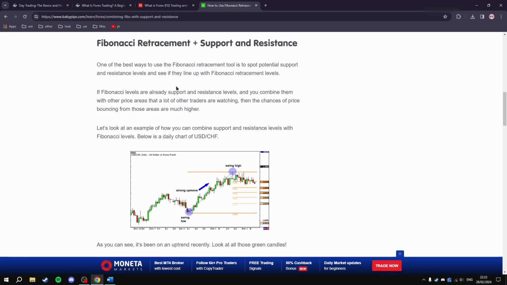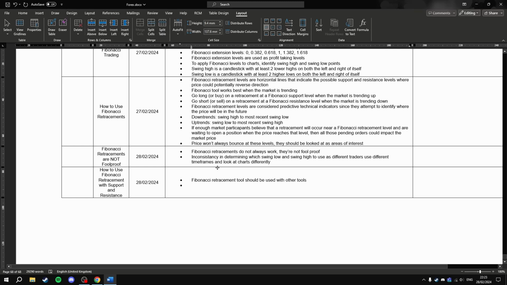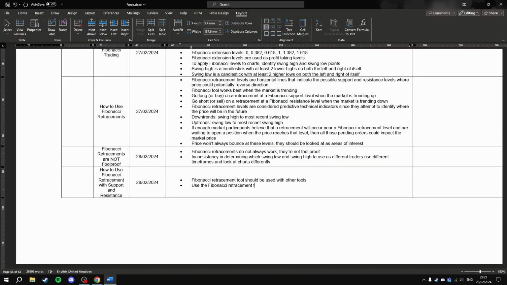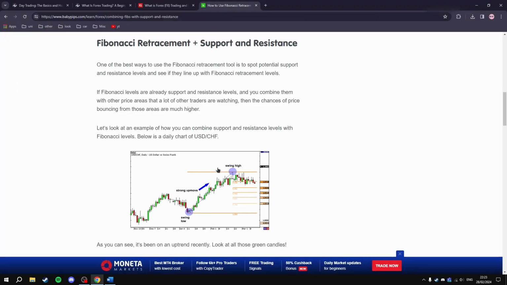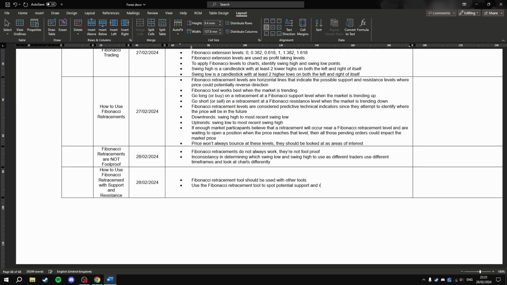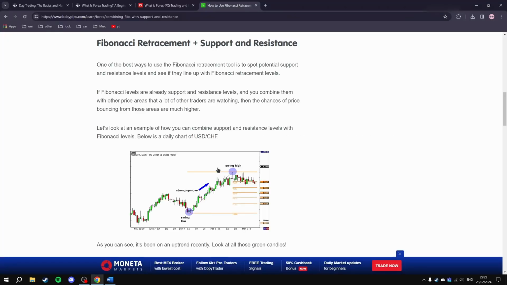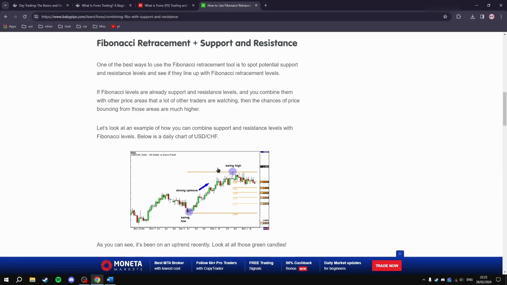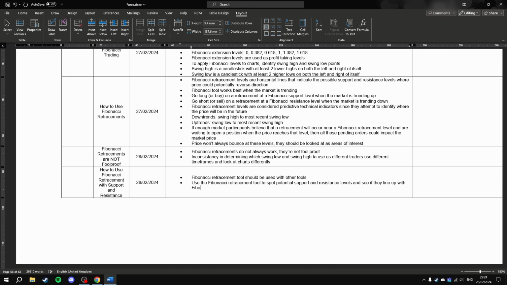So use the Fibonacci retracement tool to spot potential support and resistance levels and see if they line up with Fibonacci retracement levels.